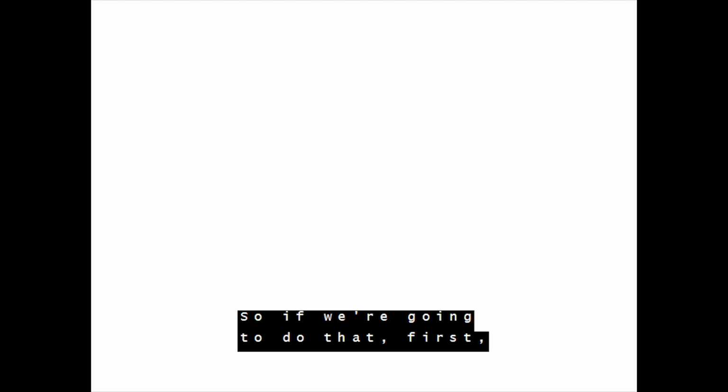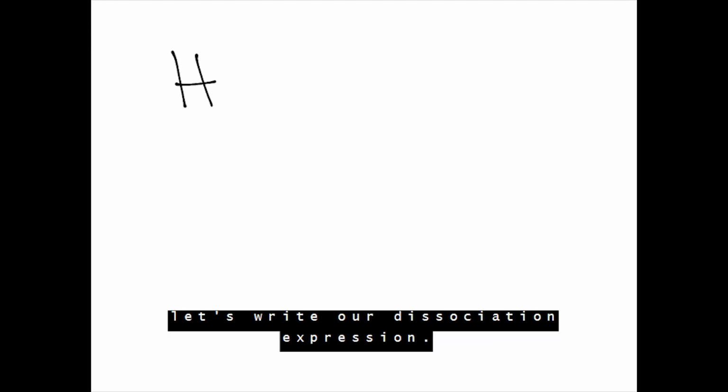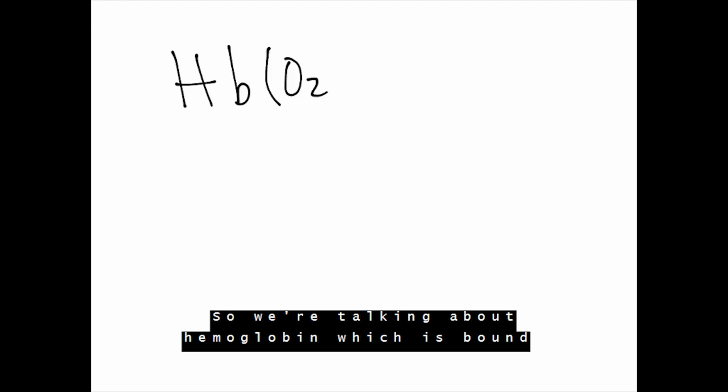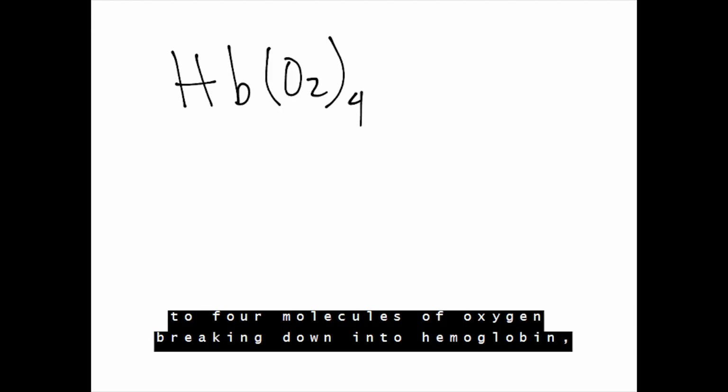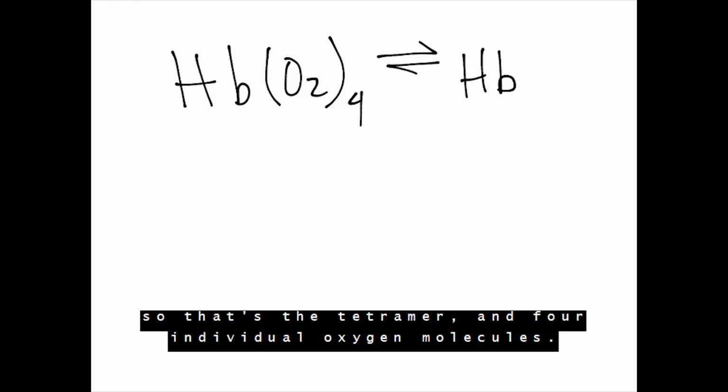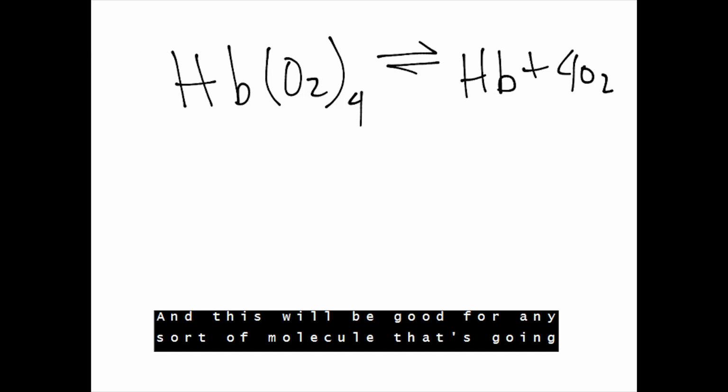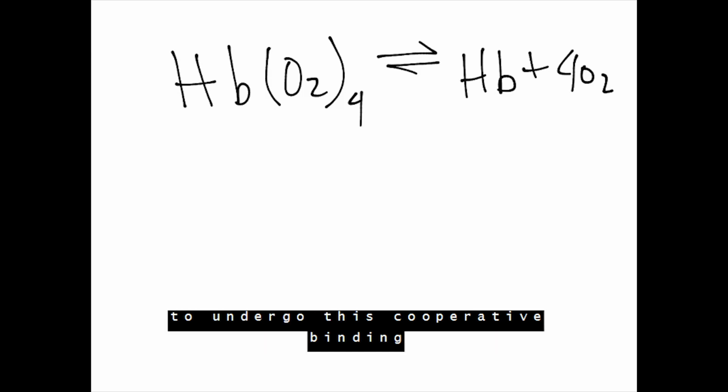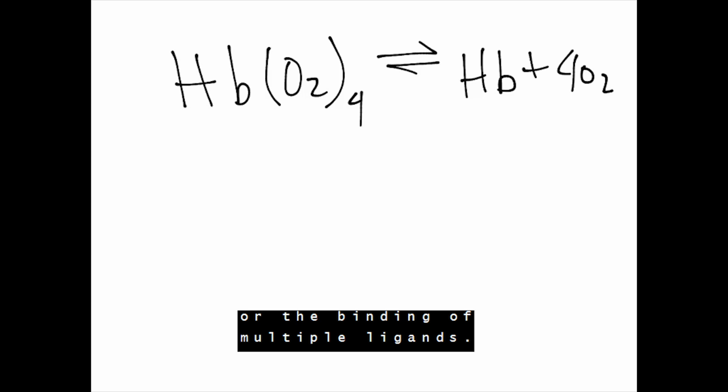So if we're going to do that, first let's write our dissociation expression. So we're talking about hemoglobin, which is bound to 4 molecules of oxygen, breaking down into hemoglobin, so that's the tetramer, and 4 individual oxygen molecules. And this will be good for any sort of molecule that's going to undergo this cooperative binding or the binding of multiple ligands.